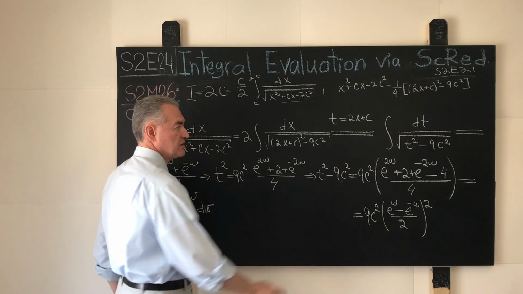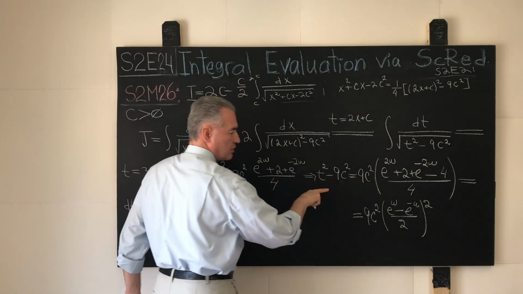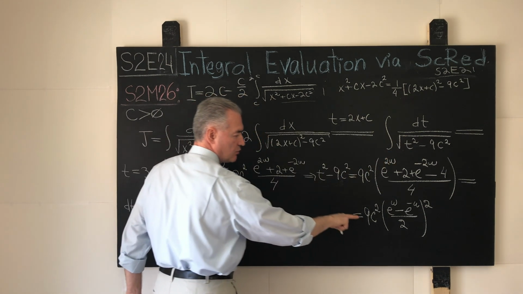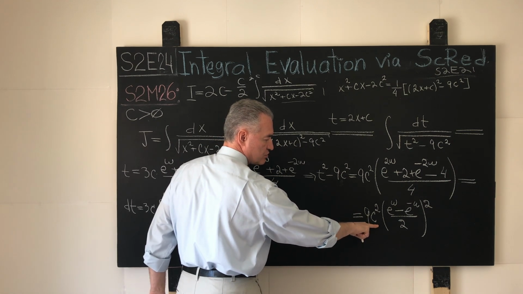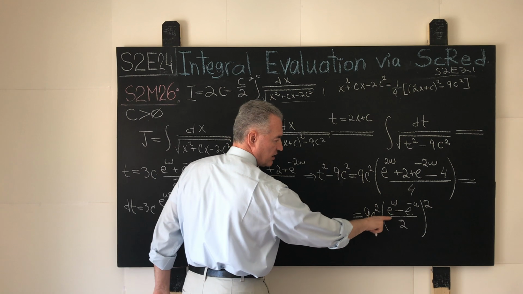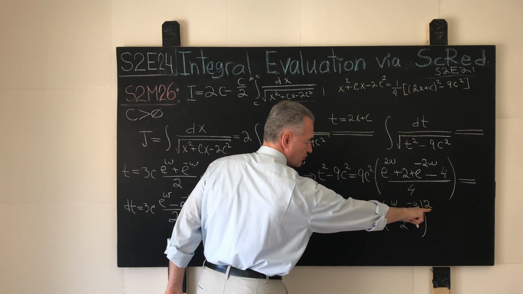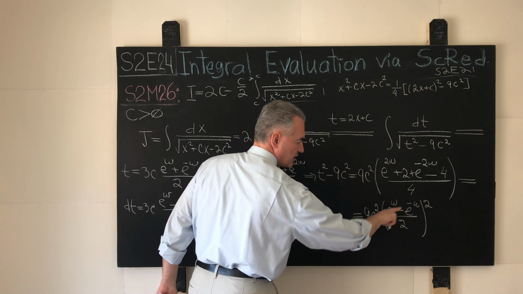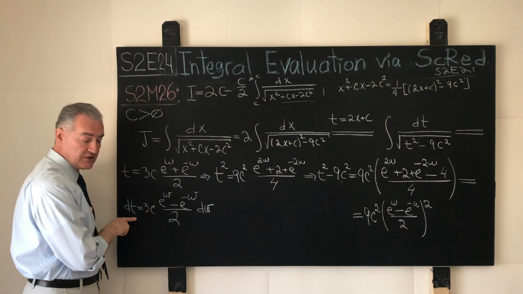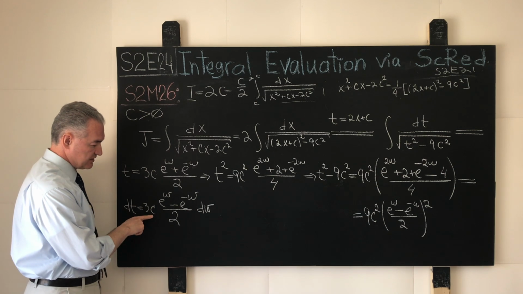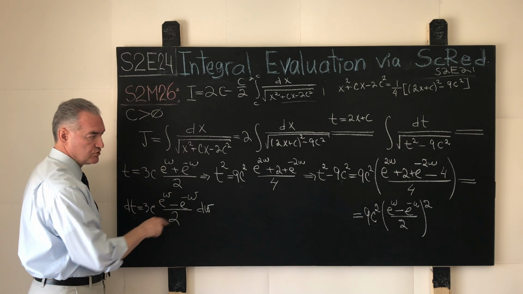Exactly. Now, when we take the square root of this, we will get, again, an absolute value, but we take the positive version, 3c, and here we remove the square sign, and we get this expression over here. For the differential dt, we get 3c and this expression in the numerator.